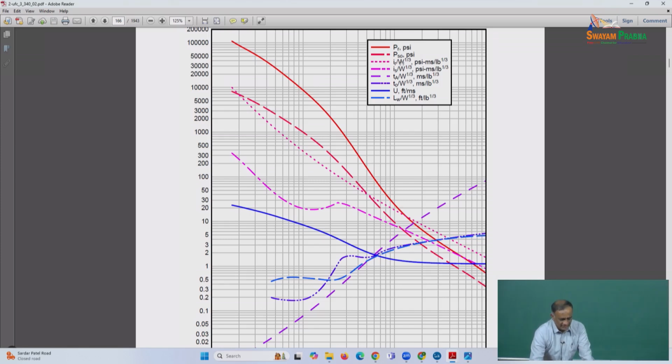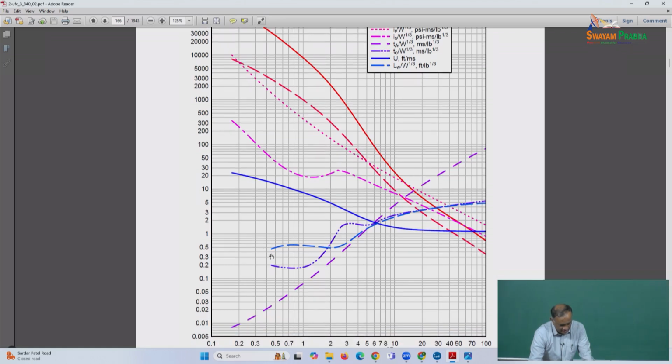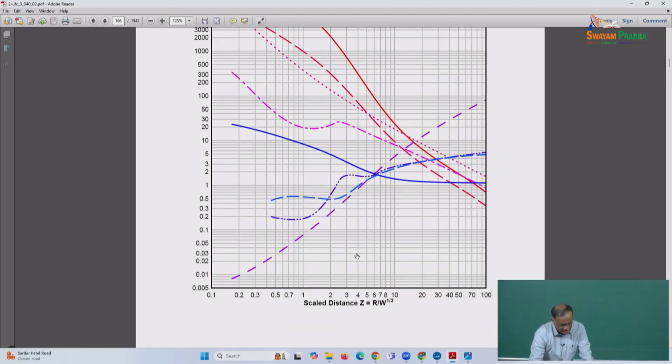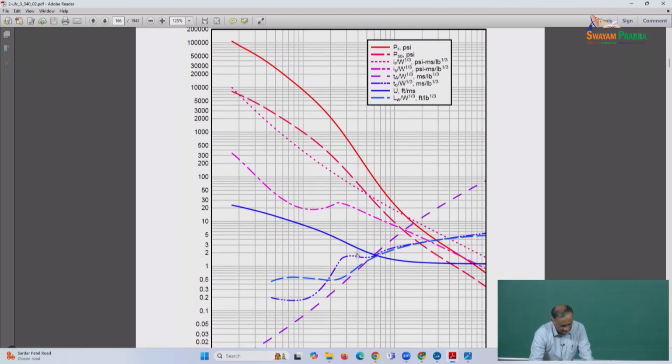All the others are scaled. So that's one way to recognize. And then the last, so the order is actually not quite. So here it is T naught. This graph could be a little better, it would have been nice if they had symbols. But this is the one we would be using today.